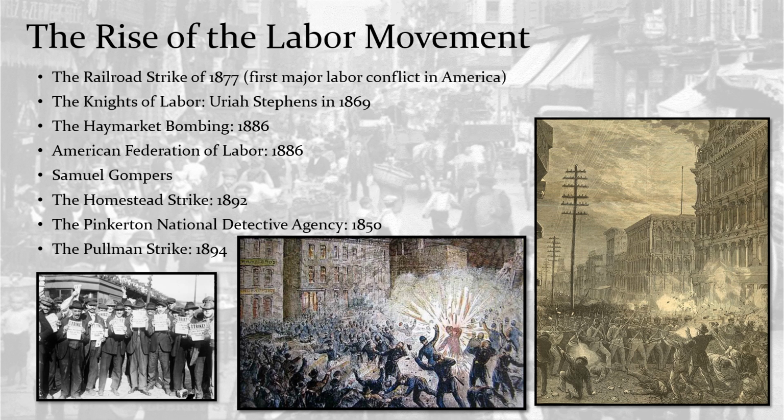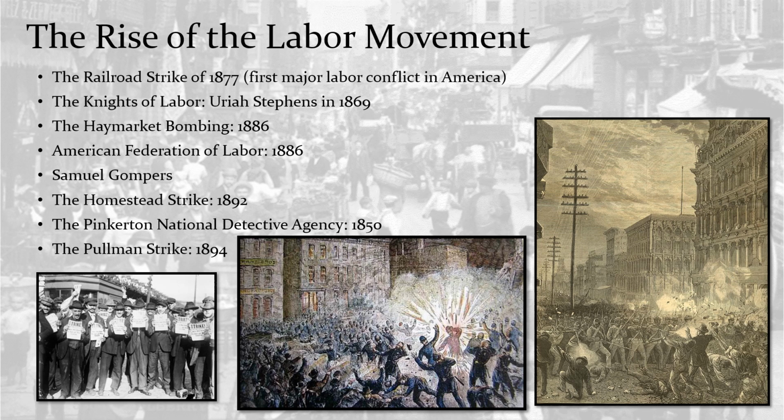The Homestead Strike in 1892 takes place in Pennsylvania. This is between workers at the Homestead Steelworks, which were all part of Andrew Carnegie's company. Carnegie goes on vacation and leaves Henry Clay Frick. And if you've been to New York and you've been to the Frick Museum, that is the same guy.